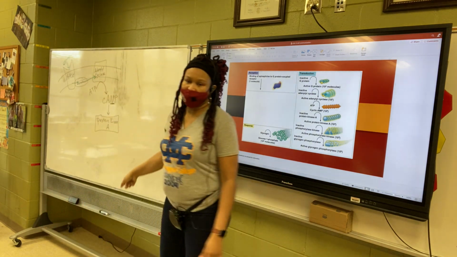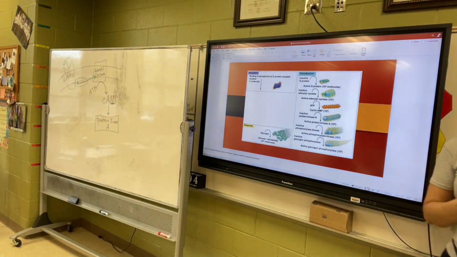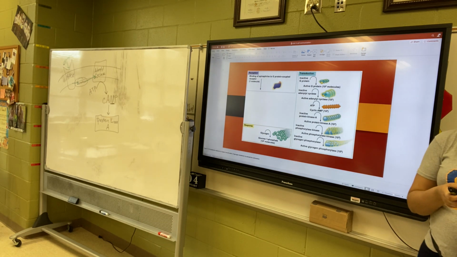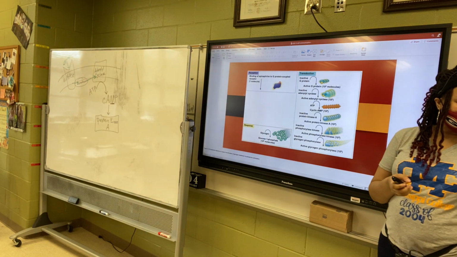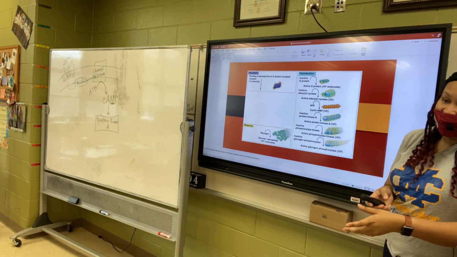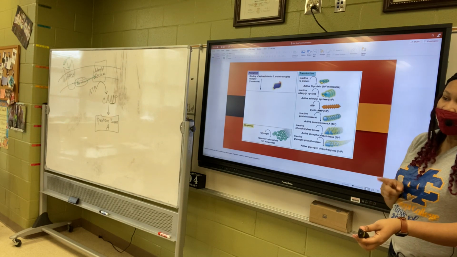Cyclic AMP activates protein kinase A. Protein kinase A is then going to activate your phosphorylase kinase. Phosphorylase kinase is then going to activate the glycogen phosphorylase. It's been a minute since I looked at this one. Glycogen phosphorylase is going to trigger the conversion of glycogen to glucose 1-phosphate.